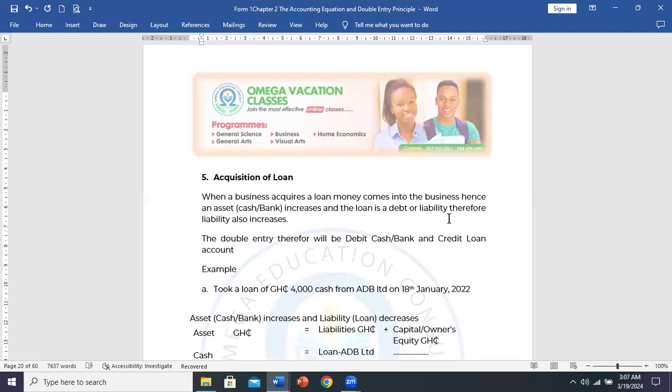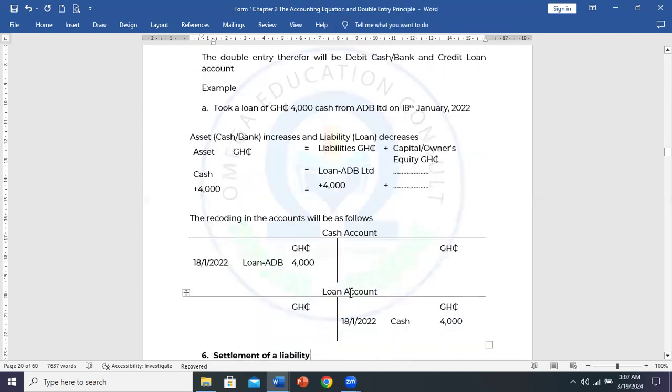In terms of the debit and credit, you are going to open the loan account. If the money came in the form of cash, you open the cash account. And since cash is going to increase and it's an asset, you debit cash, and loan, a liability, is increasing. Per the table, when liability increases, we credit.